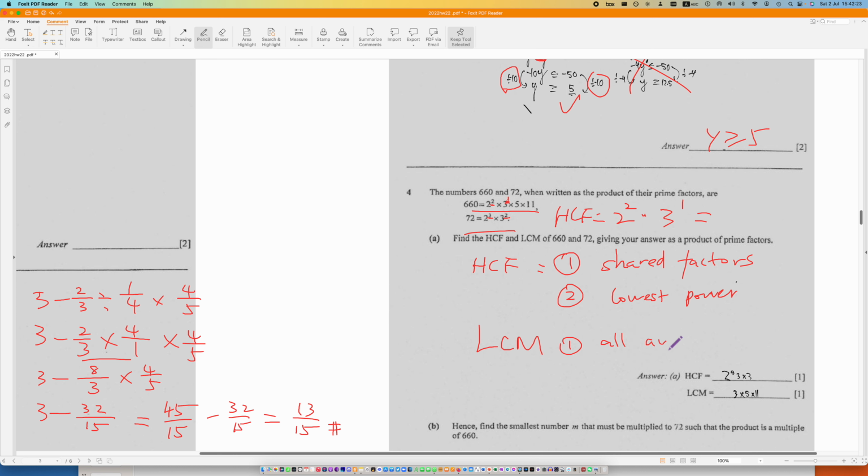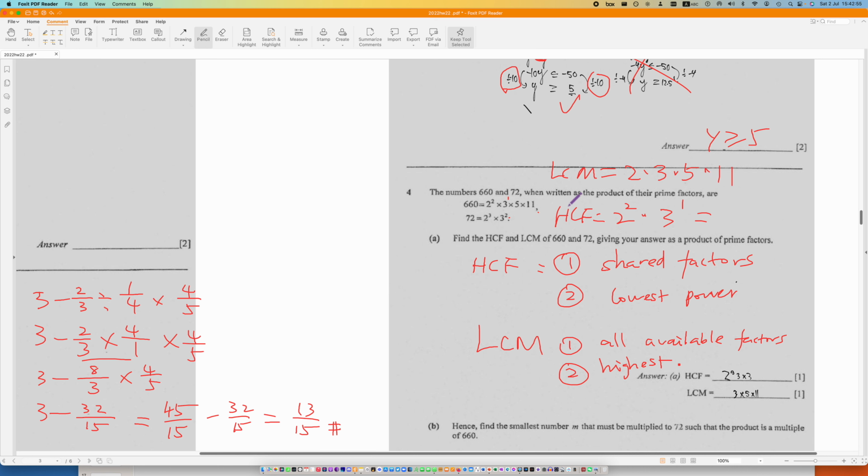LCM: all available factors. Then for HCF it is the lowest, but for this one it is the highest. So for LCM, which factors are available? 2, 3, 5, 11.